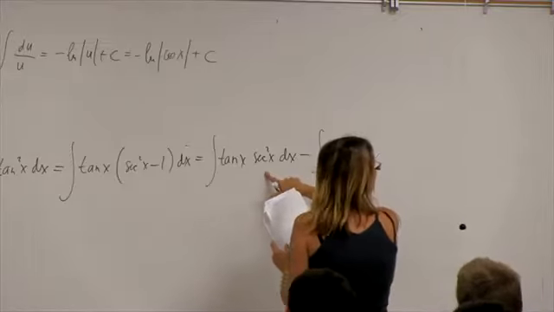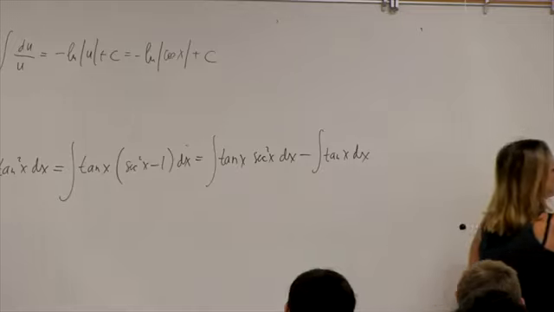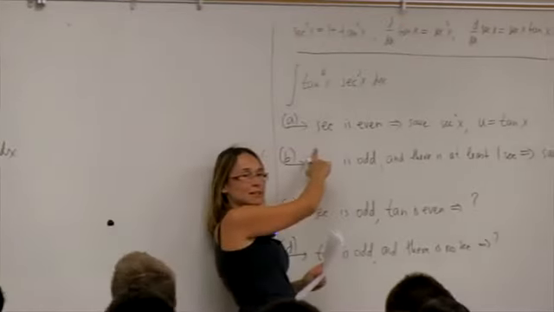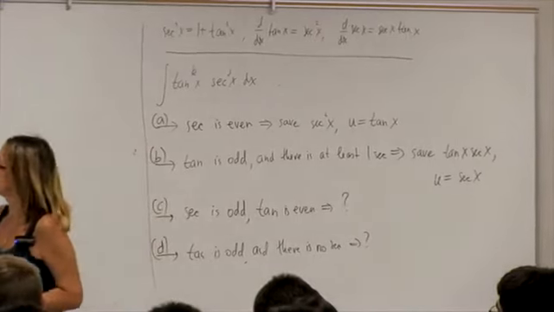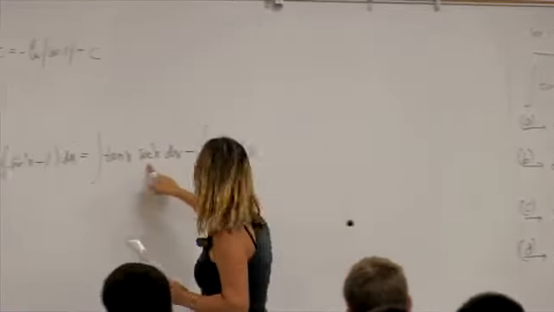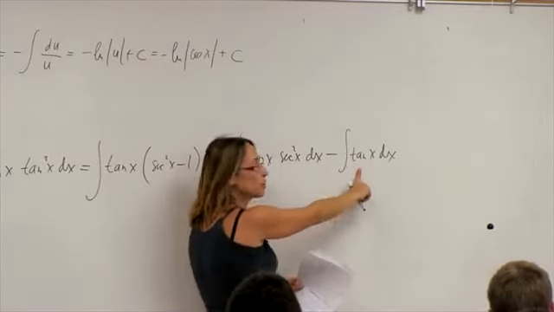So tangent x secant squared actually does happen to be one of the simple cases. You can see that secant is even, so this one we can do easily. And this one we just did. This is the first power of tangent.